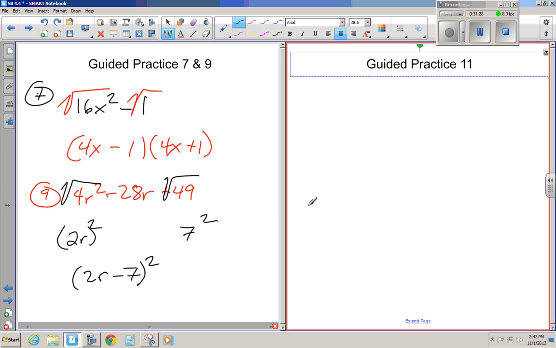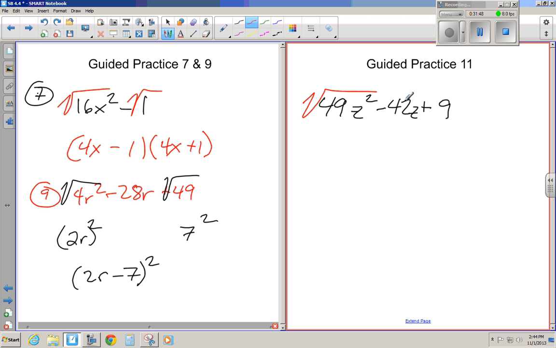Number 11, 49z squared, well, 49, you can square root it and square root this. So it becomes 3 squared on the end, 7z squared on the outside.